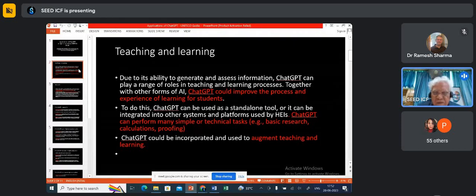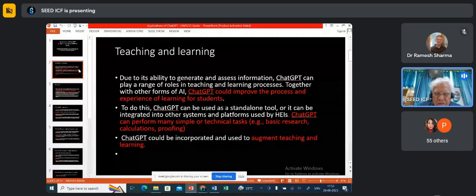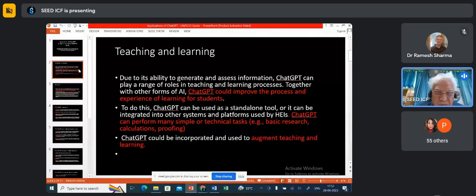You put your paper which you prepared, upload it, and run it through the proofing, and basic grammatical errors can be taken care of. That was the basic thing it could do, and long back it was commonly used, which Dr. R. Sharma used to tell about 5 or 10 years back.